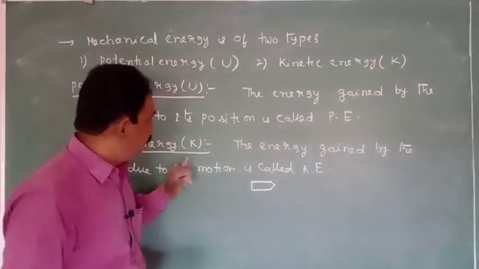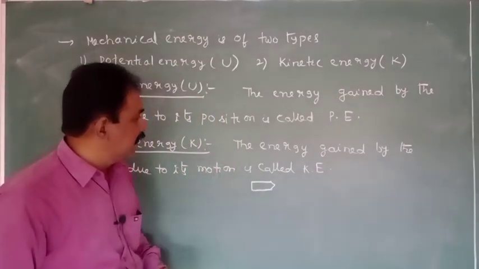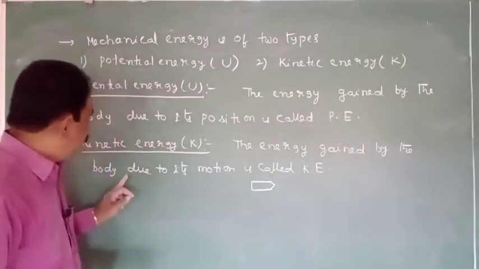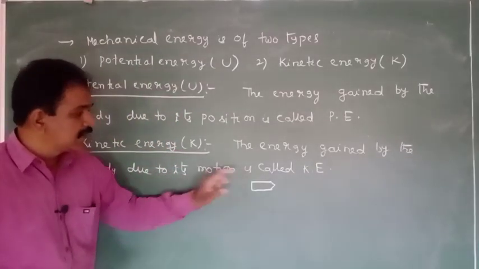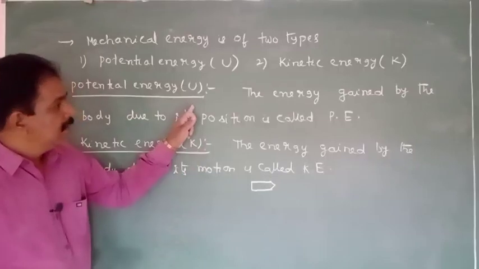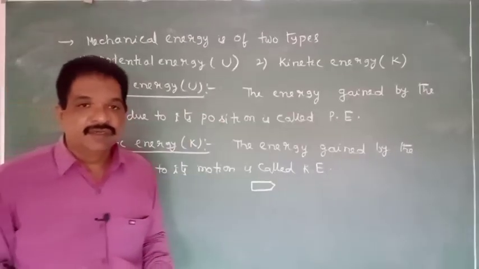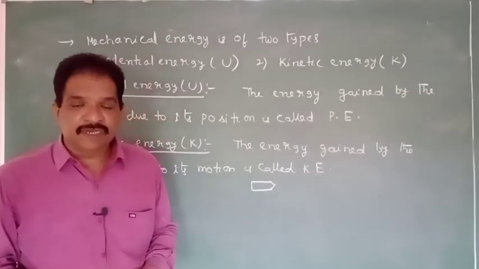That energy will be called the kinetic energy. The energy gained by the body due to its motion is called kinetic energy. The energy gained by the body due to its position is called potential energy.